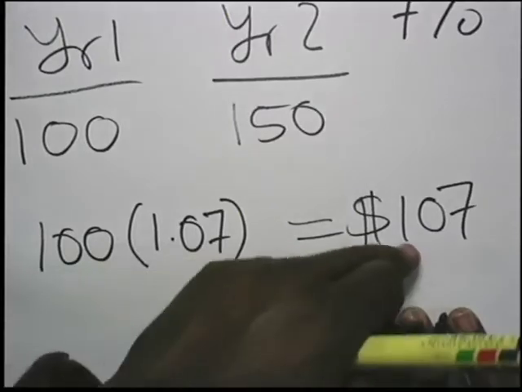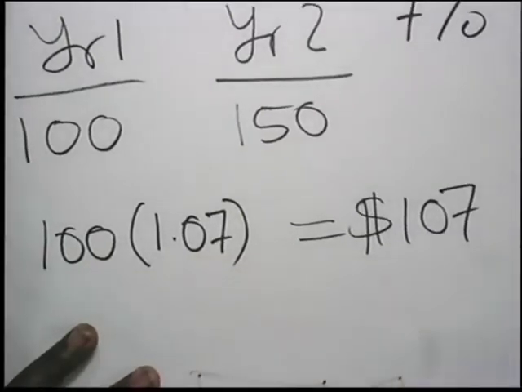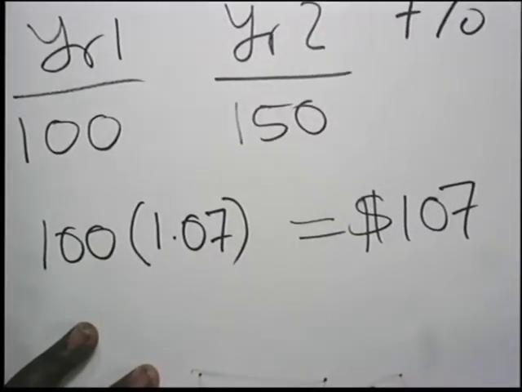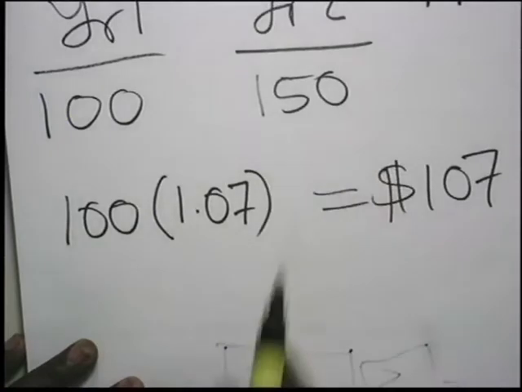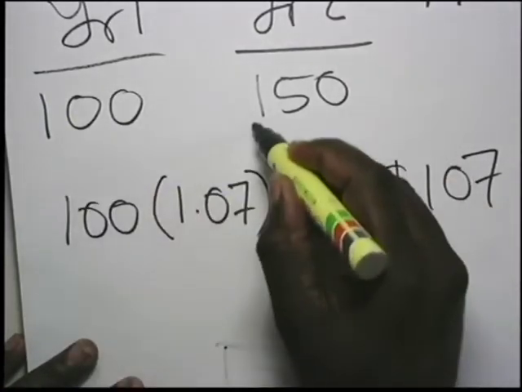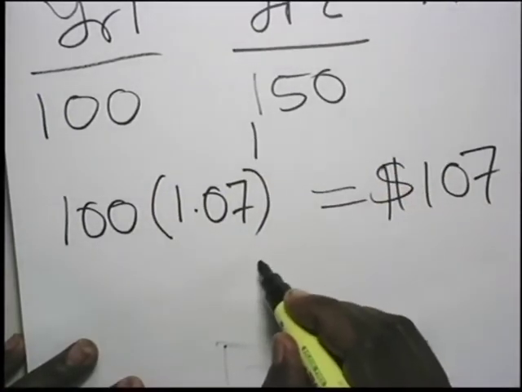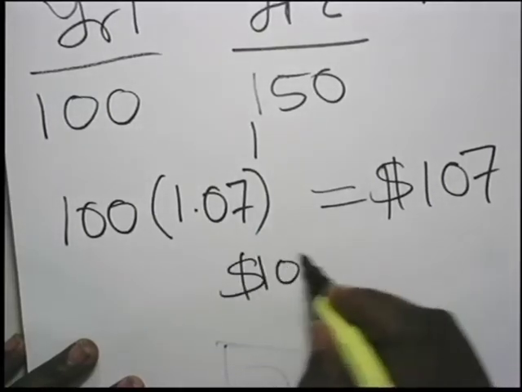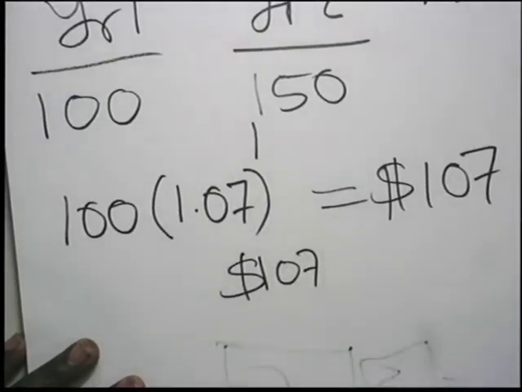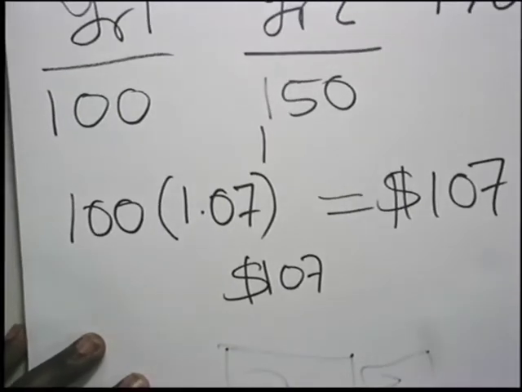But this 107 is going to be invested again. We're investing at the beginning of year 2, so we'll start January of year 2 with $107.